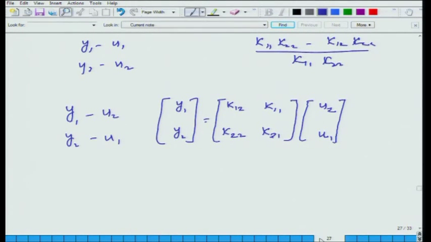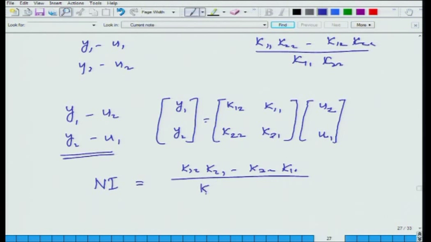So interchanging of the columns of the gain matrix corresponds to flipping the pairing, and for this pairing the Niederlinski index would use the determinant, which is k12 times k21 minus k11 k22, divided by the diagonal terms k12 k21.